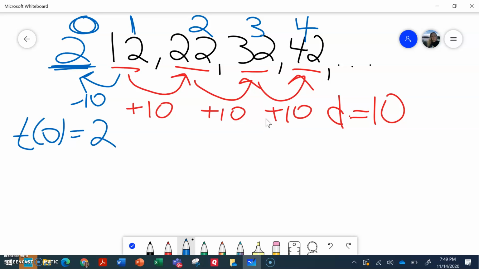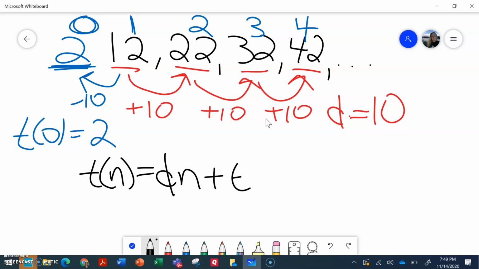So that's 2. If we're trying to write our explicit equation, it uses this formula. T of n equals the common difference, which we're saying D, times n plus our start value, which is t sub 0. So if we want to figure that out, let's just substitute in what we know.